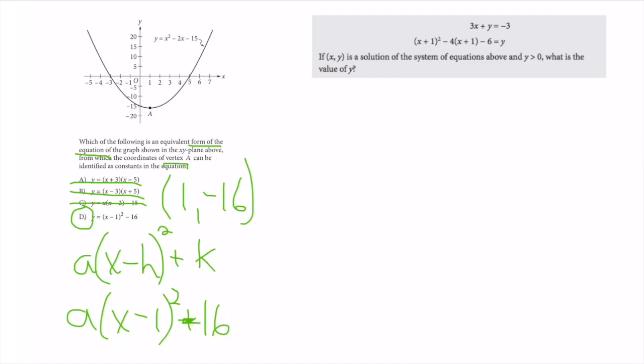So the next example: if (x, y) is a solution of the system of equations above, what is the value of y?